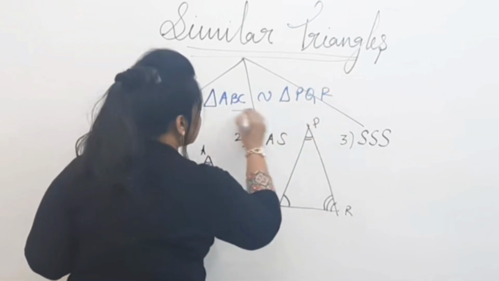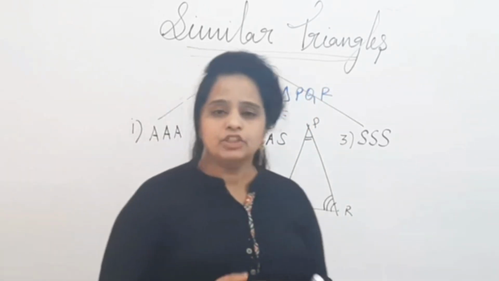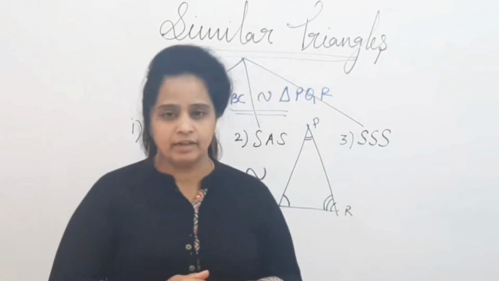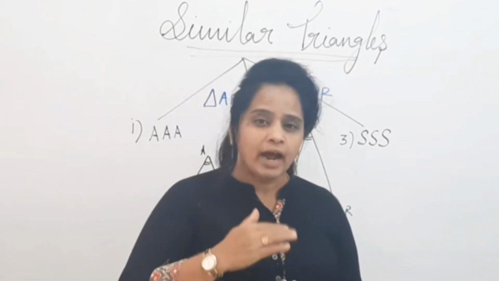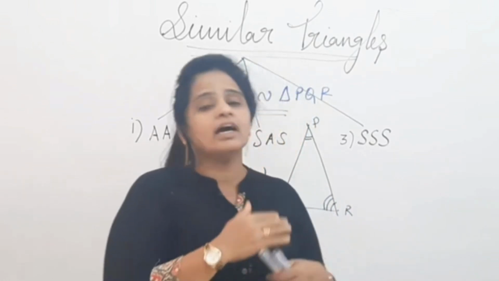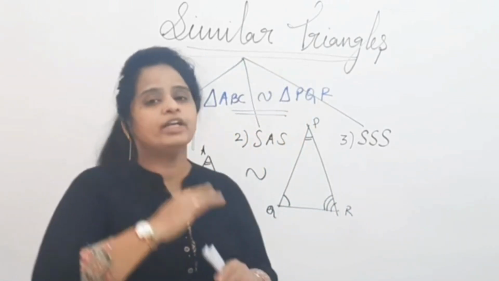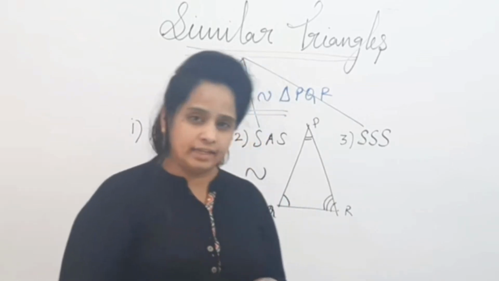This is the notation here. After proving these two triangles are similar, what do we understand from this? We understand the corresponding sides are in proportion and the corresponding angles are equal.